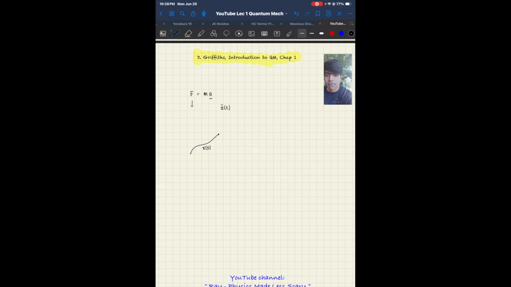If I know this force on the left hand side, it helps me calculate the second derivative of the particle. So if I know f as a function of time, I can solve this equation essentially.